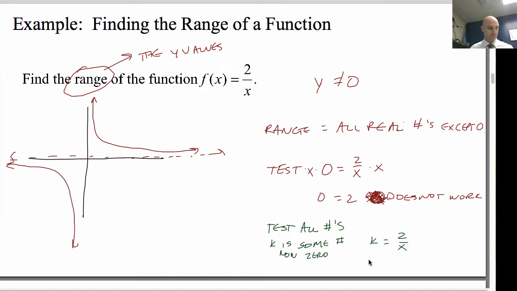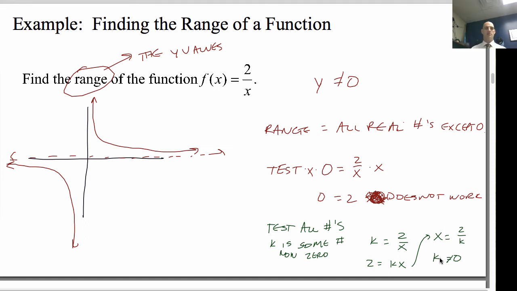And so I've got 2 is equal to kx. Okay, so x is equal to 2 over k. What is the only thing that k can't equal? Okay, k could be anything. Okay, so k can't equal 0. What that tells me is that is the only thing that does not work.